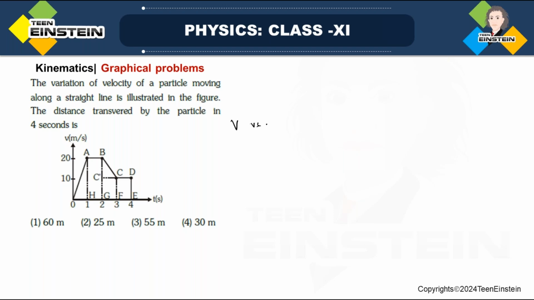Here also, if you want to find the distance covered, you have to find the area under the vt curve. I have this triangle, this rectangular area, and so on, the whole area which I have to find out up to 4 seconds.